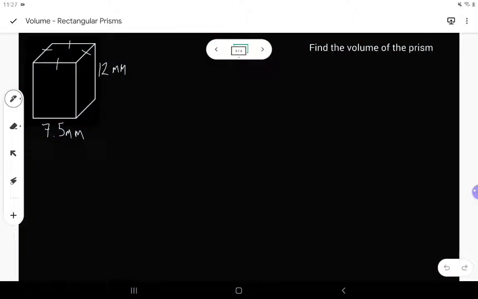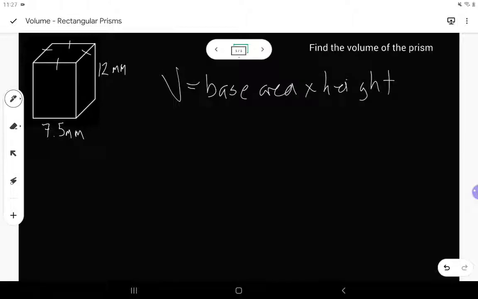So we get 180 centimeters, and we throw cubed off after our centimeters. Okay. What about something like this? So what if we were only given 2 dimensions? Right, I'm only given a 7.5 and I'm given a 12. But remember this one here up top, it says, oh, hey, the top and the bottom must be a square because all those guys are the same length. So same idea, volume is equal to the base area times the height. The base area in a rectangular prism, we're going to go length times width because that's how we find the area of a rectangle.